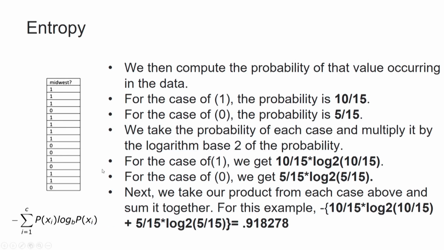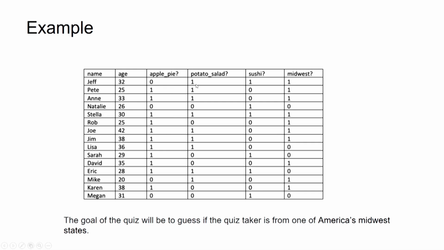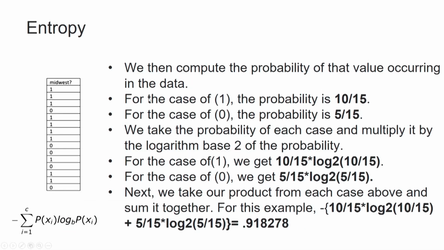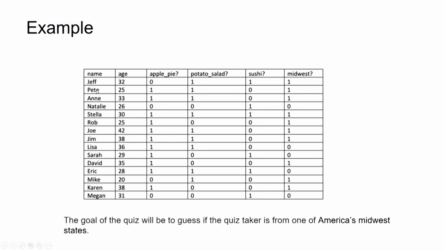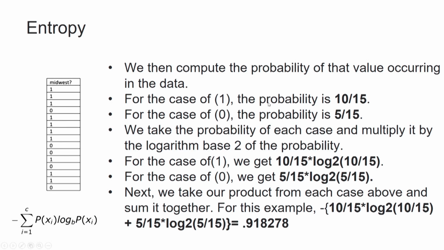We will see how to apply information gain here to find out which attribute to use to split first. First of all, we will calculate the entropy of this data set, or the entropy of the node corresponding to this data set. Here you see in the Midwest column there are 2 values, 1 and 0.